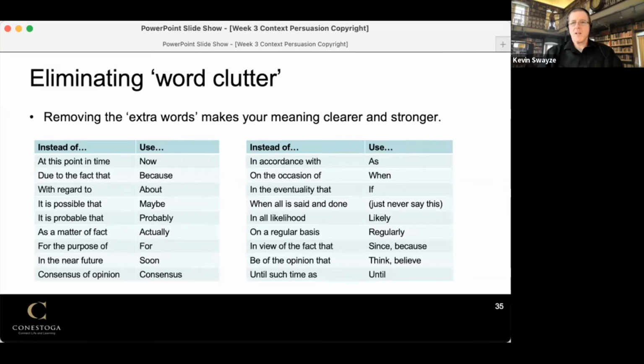Word clutter is the term I'm using here. Too many words to describe something. This goes to the idea that usually there's one word to describe what you're trying to say. And there are lots of these clutter words. They clog up sentences. They make it more difficult to read and more difficult to say.